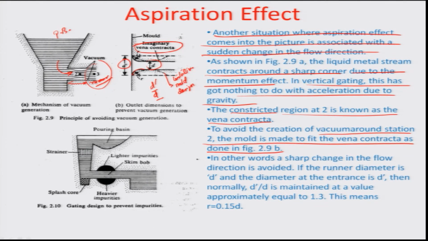If the runner diameter is small d, as you can see here, and the diameter at the entrance is d dash, then normally d dash by d is maintained at a value of approximately 1.3, and r is about 15% of d. So those are the design guidelines for making this kind of vena contracta shaped mold.